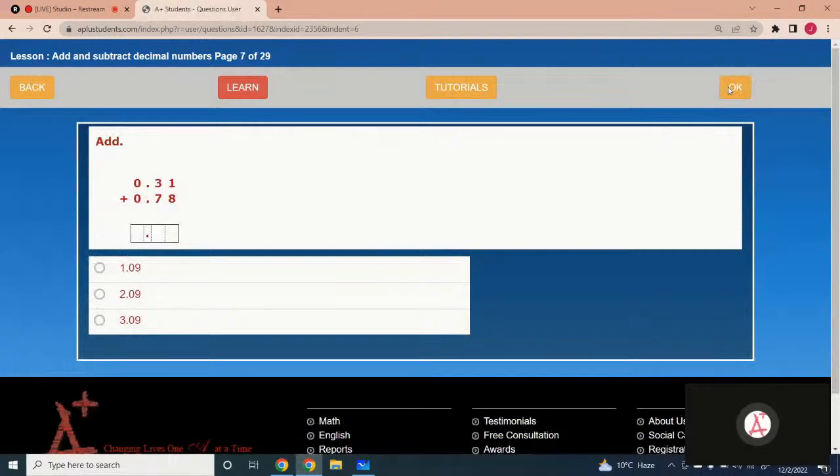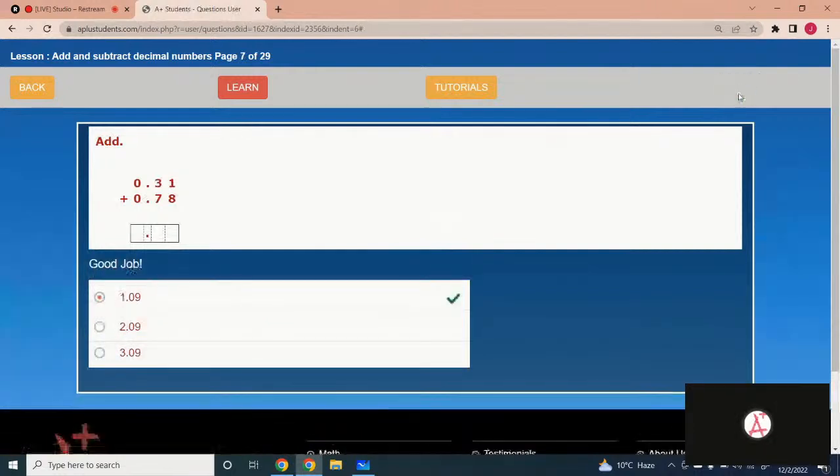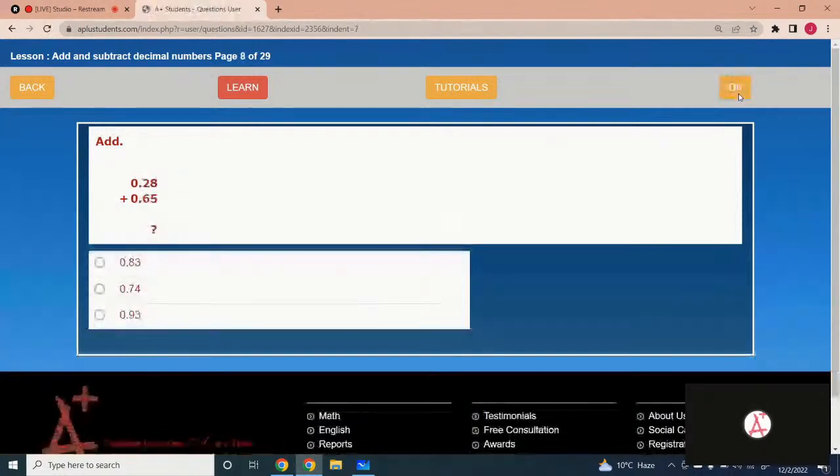Okay, the next one is 0.31 plus 0.78. So which option is the correct one? You have to add, so it would be 1.09. Got it. So select the correct option, then click on the OK button. Okay, 0.28 plus 0.65. So which is the correct option?